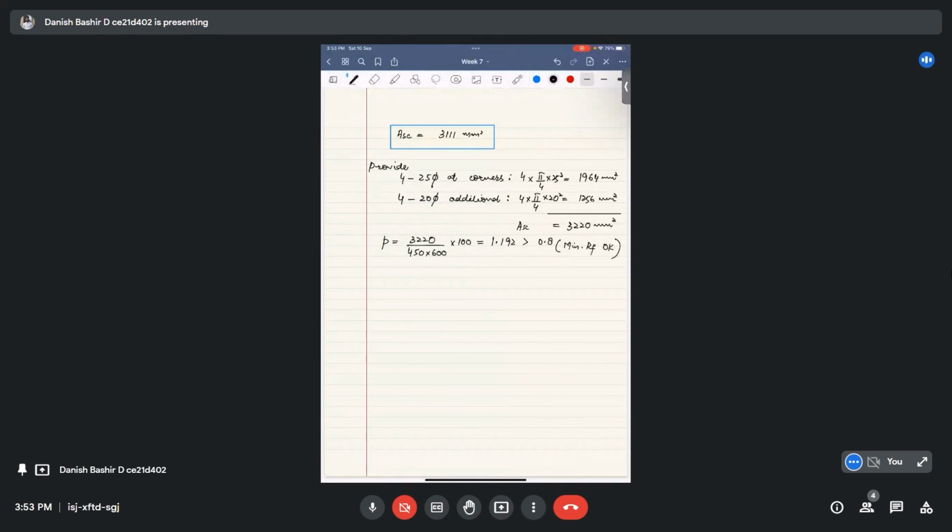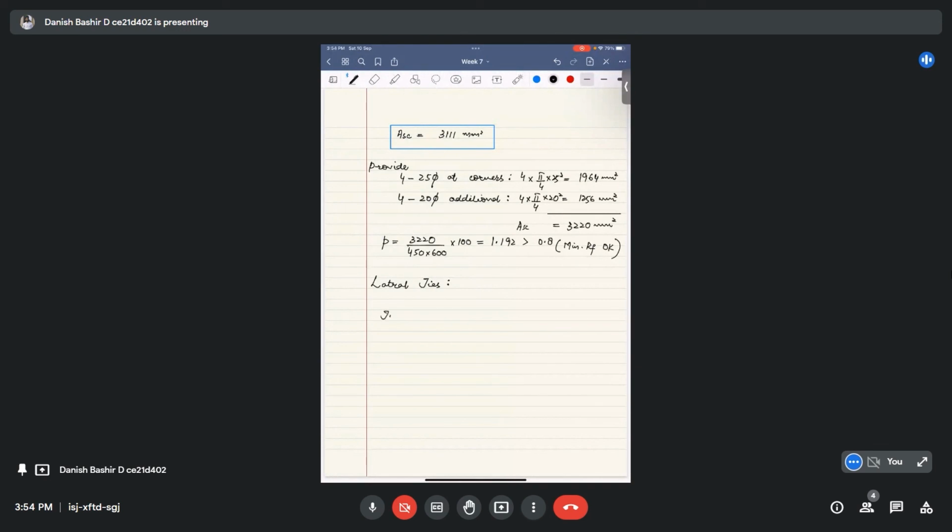So now we will arrange these bars that we provided in different locations. Before that, let's check for the lateral ties that we will provide for this longitudinal reinforcement.